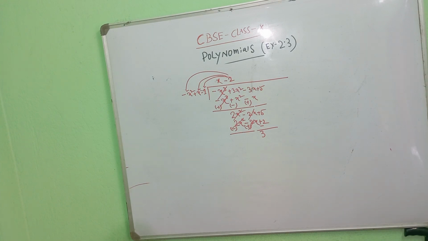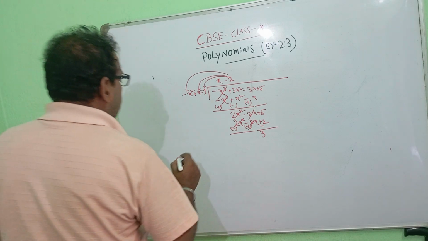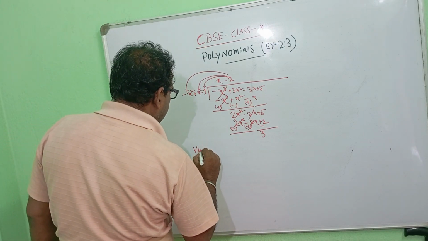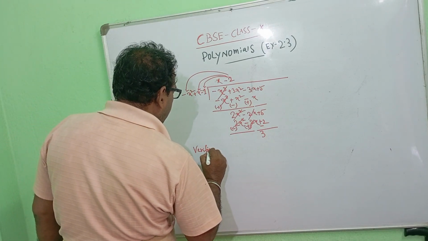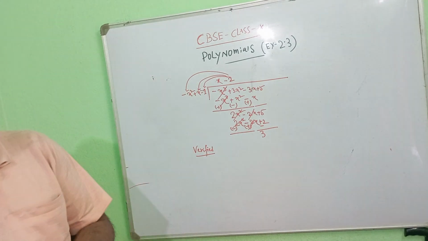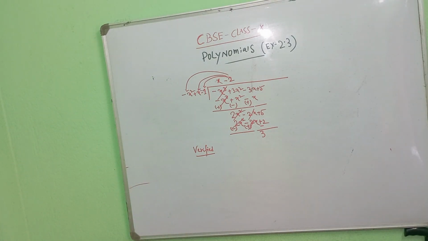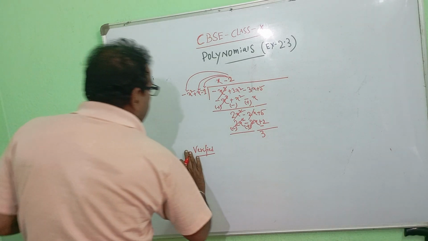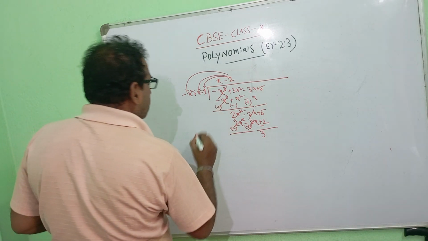Then verify. Now in the chapter we have written that this dividend is equal to... now what is the answer?